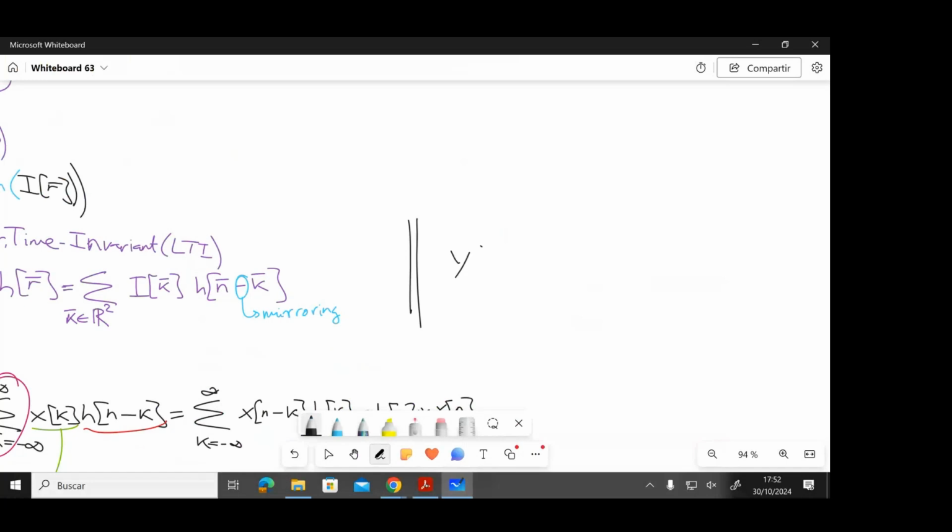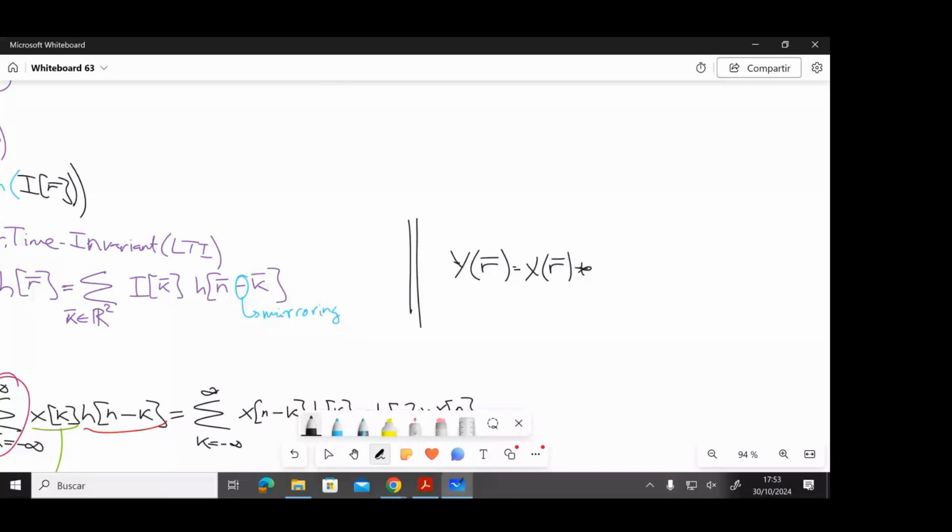We are continuous now. So I is x convolved with a kernel.